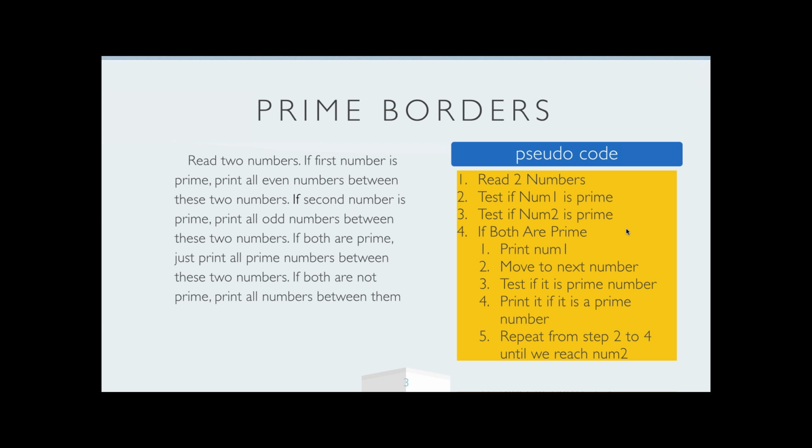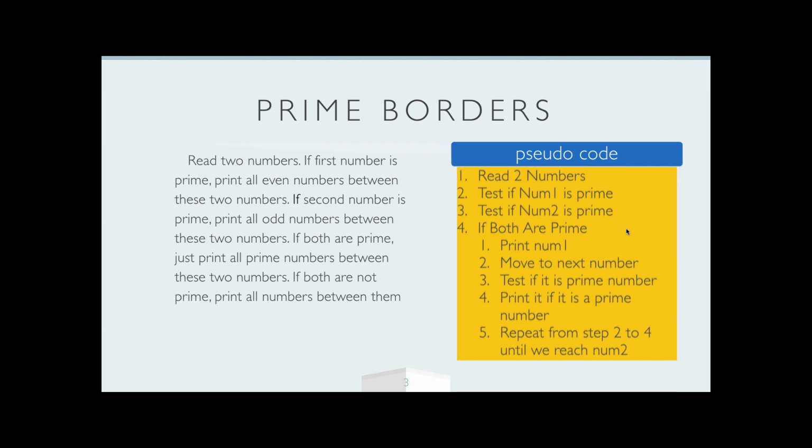If only the first number is prime, you have to print all even numbers between those two numbers. If the second number is prime, you have to print all odd numbers between these two. If none of the numbers is prime, you have to print all numbers between them.